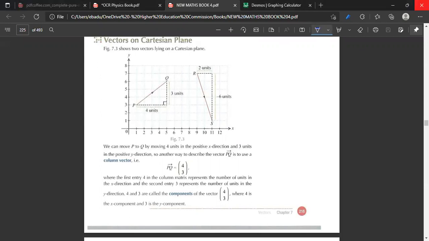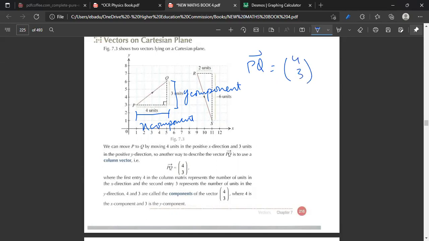So this is the x component, and this is the y component. So if I want to write PQ, I will write it as 4, which is the x component, and 3, which is the y component.